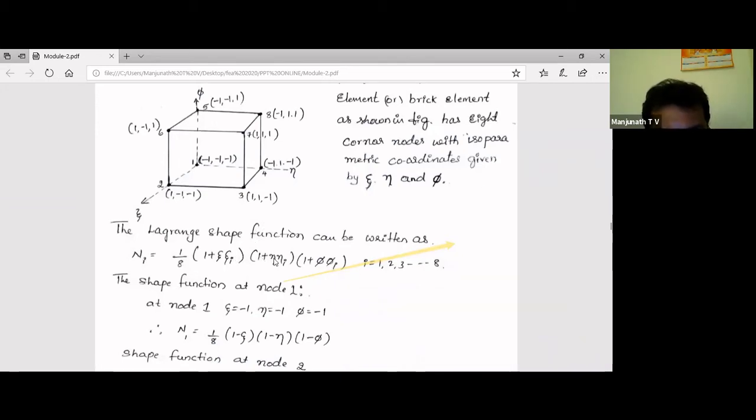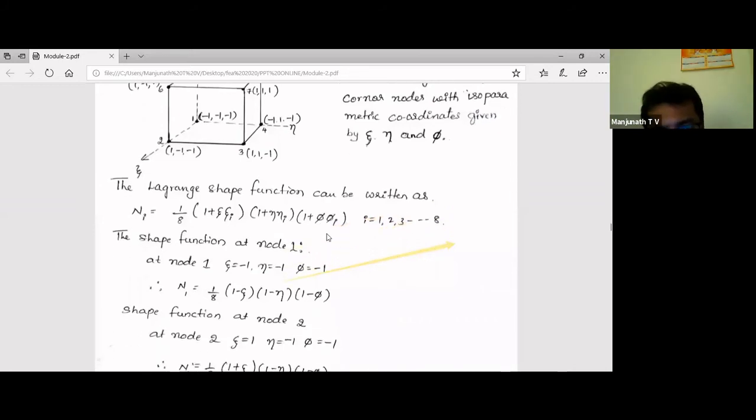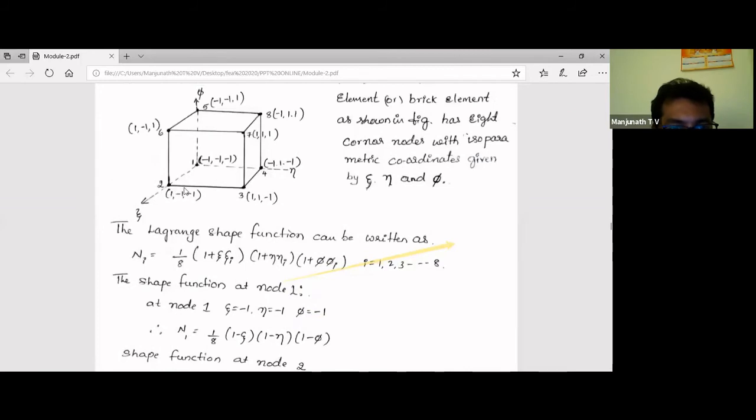Similarly, (1 plus neta neta I) and (1 plus psi psi I), which equals Ni. By using this standard equation, we can obtain the shape functions at different nodes.